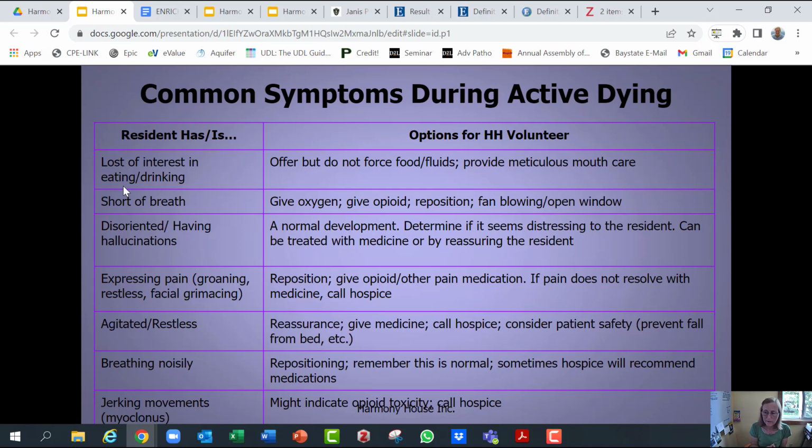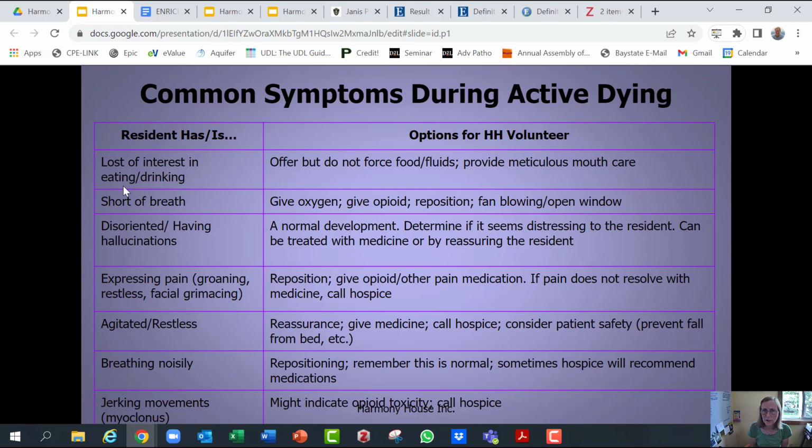If they have pain, which oftentimes does go along with advanced disease, if they're able to express their pain verbally, you'll know. If not, we're looking for signs, nonverbal cues that they're having pain, such as groaning, restlessness, or facial grimacing, furrowed brow.